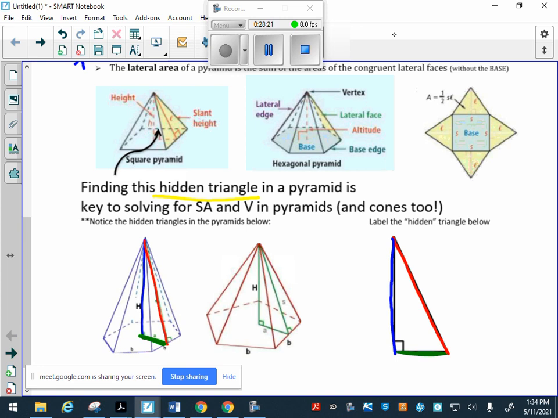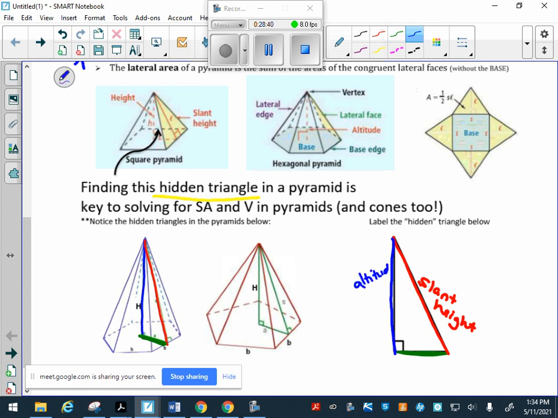What was that called? Begin with an A. Yeah, the apothem. Basically, you're connecting, this is slant height, this is the altitude, or height, and down here is basically the apothem of the polygon at the bottom.